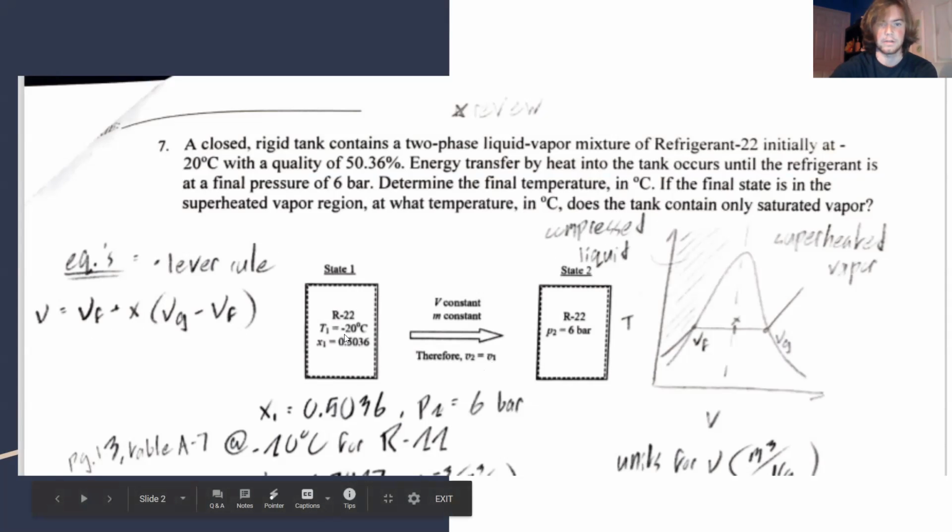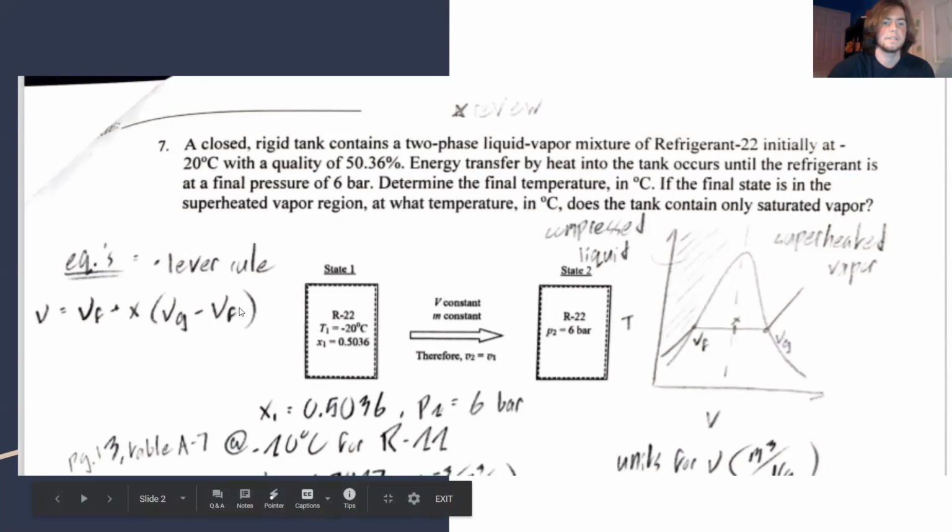We're given the temperature and quality at state 1, and only the pressure at state 2. But volume is constant and mass is constant, therefore the specific volume is constant. The units for specific volume are meters cubed per kilogram. If you're confused by that, just imagine density, because specific volume is just density flipped.